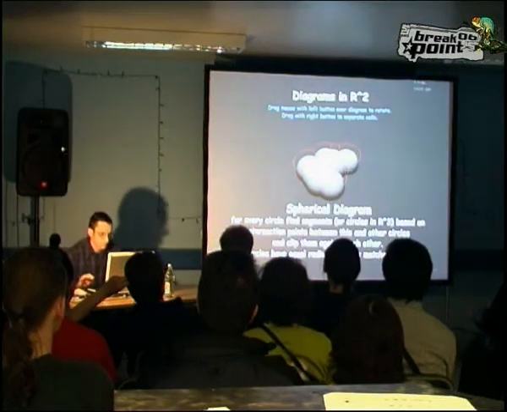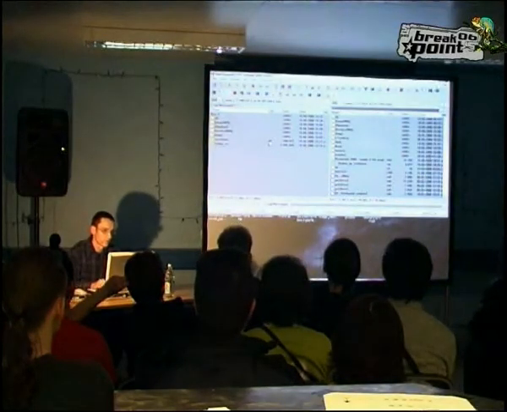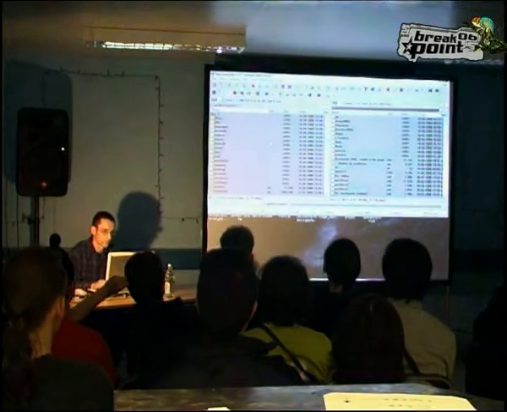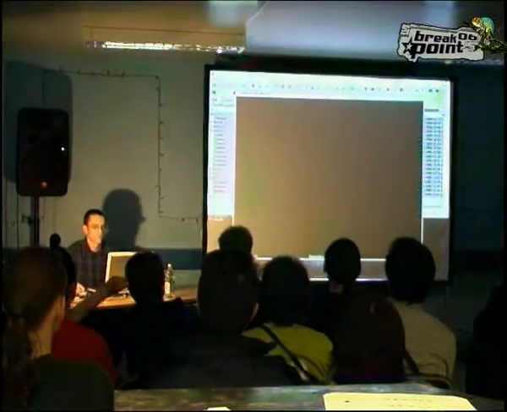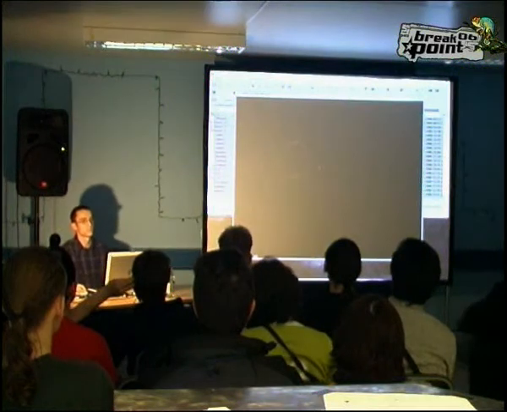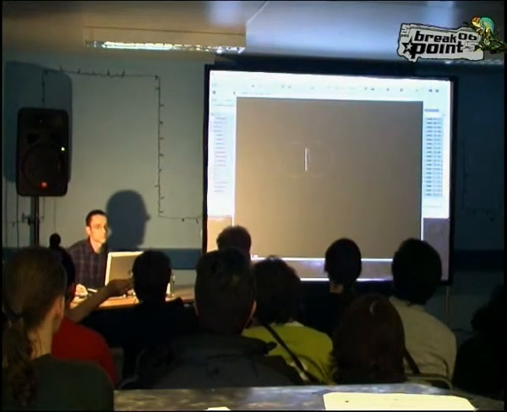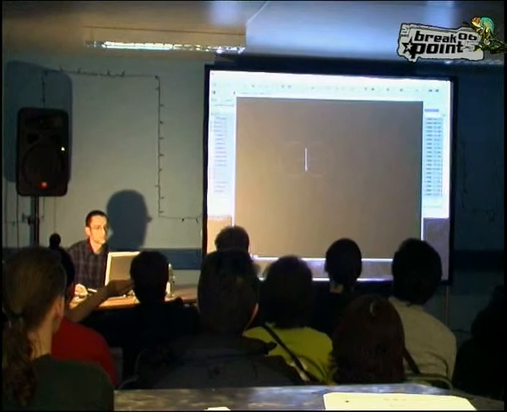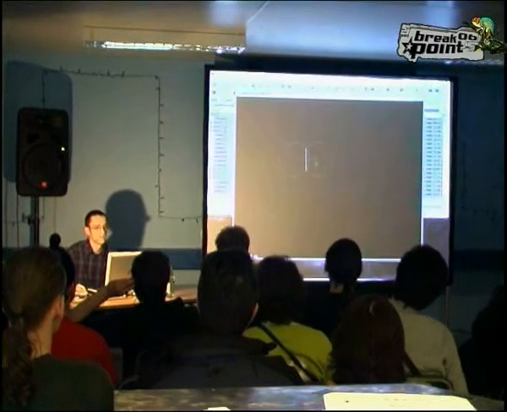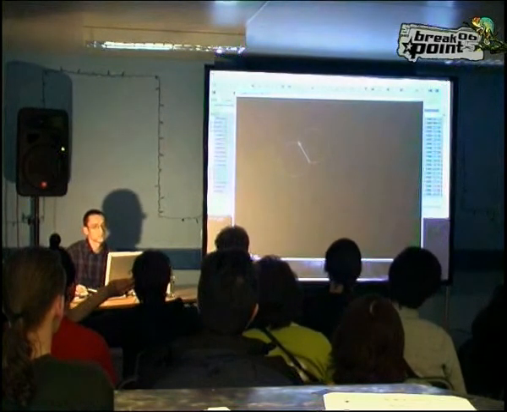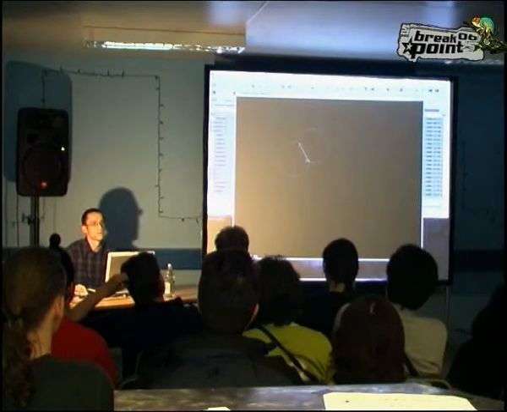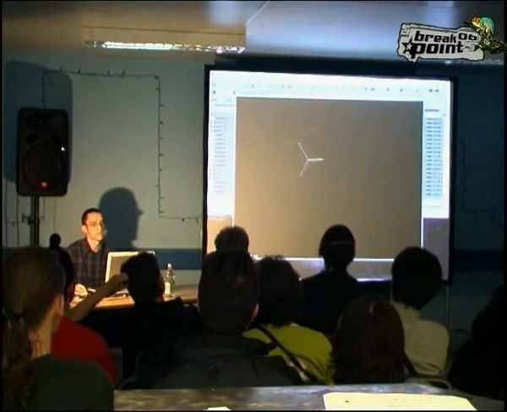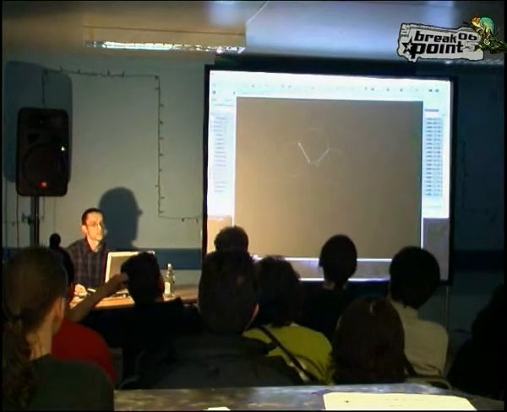Maybe I will show what I'm talking about. If I put a circle, another circle, the circles intersect in two points, right? This is obvious. And if I draw a segment between the two circles, I get part of the diagram. If I add another circle, I also have points that intersect.